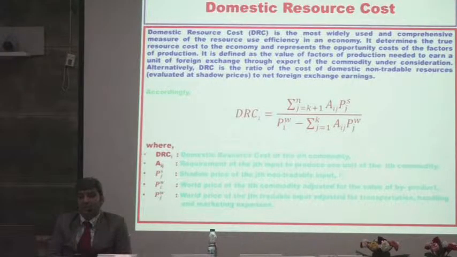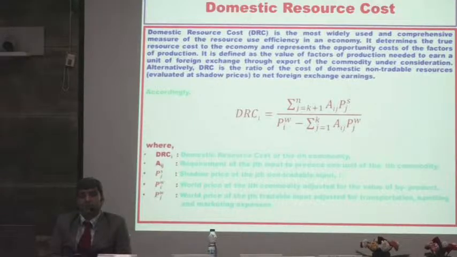For example, we earn $1 through export. To earn that $1, how much have we spent? If we have spent more than $1, then we have no competitive advantage. If to earn the $1 we have spent less than $1, then it means we have used our resources efficiently. The same applies to production regarding import.